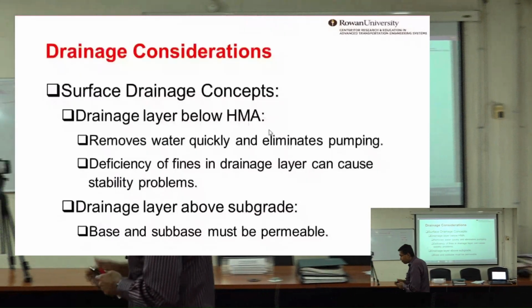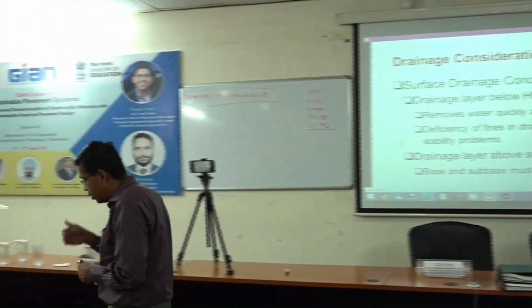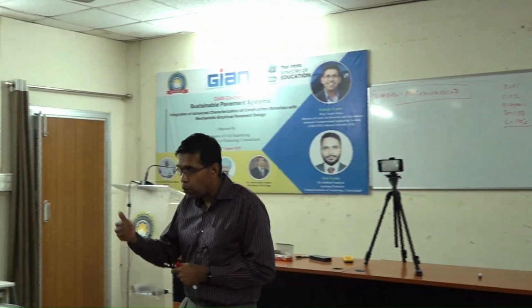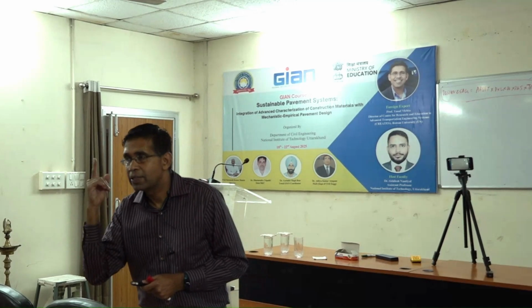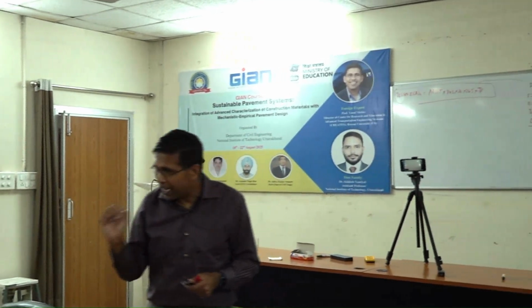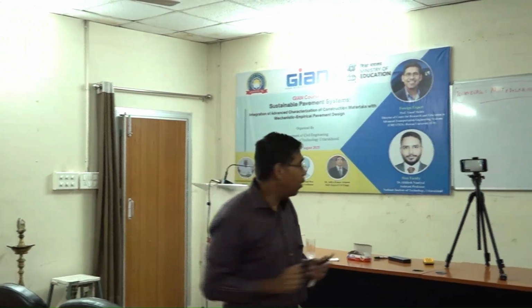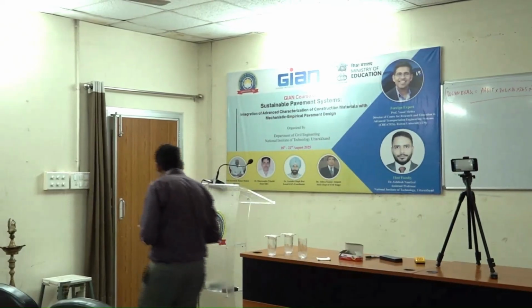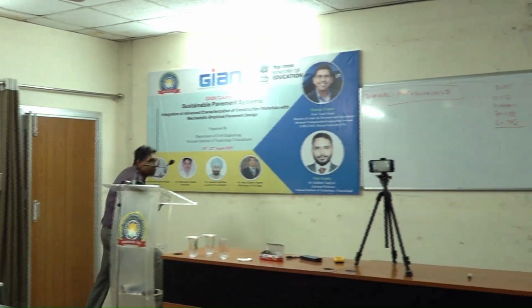If I want to make the pavement layer more drainable, what do I need? Flow. You provide a flow. What else? What about that particular layer? If I want to make that layer drainable, what would I have to do?